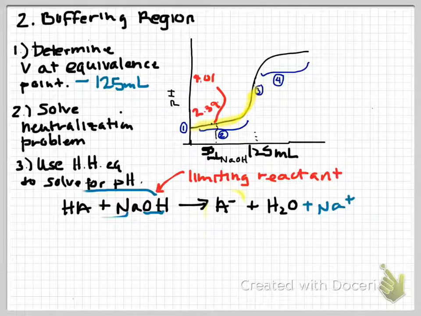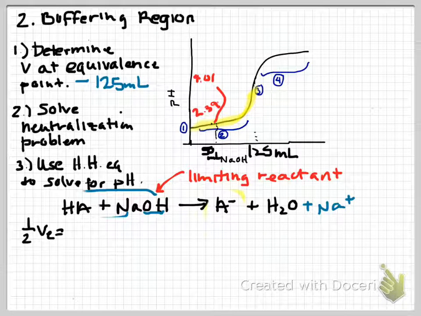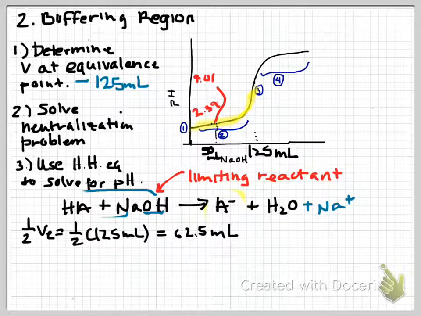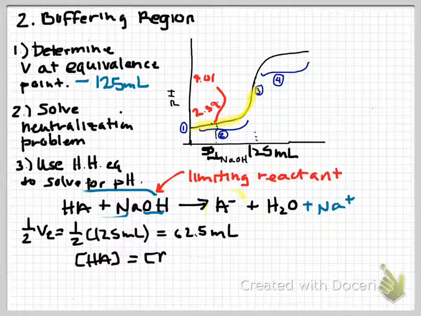Another point I want to point out in this region is known as the half equivalence point. I'll just label that 1/2 VE. In this particular case, it's 1/2 of 125 mL, so 62.5 mL. At this point, once you solve the neutralization problem, you find that the concentration of HA is going to equal the concentration of A minus.